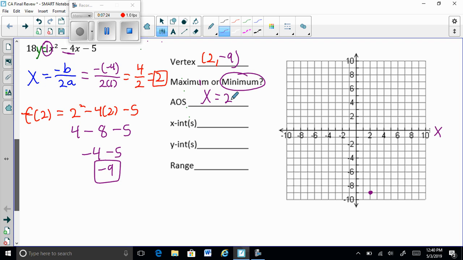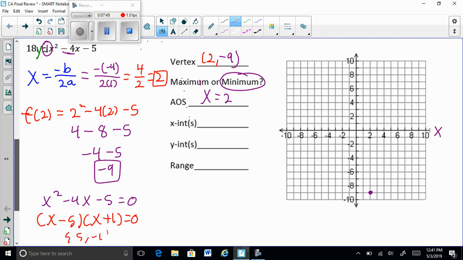To find the x-intercepts, this time this is going to be factorable. So we're going to have x squared minus 4x minus 5, and we'll set that equal to 0. And that should factor into minus 5 and plus 1. So that puts my intercepts at positive 5 and negative 1.